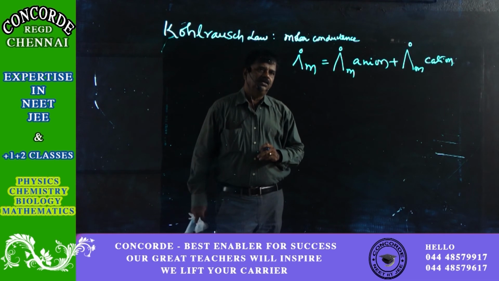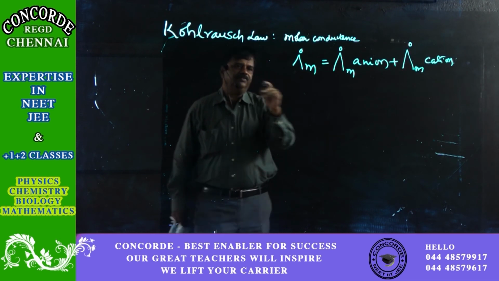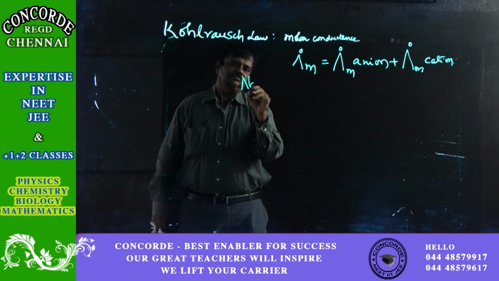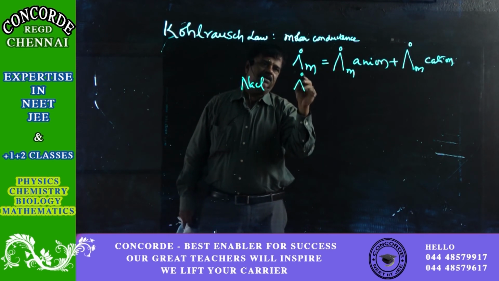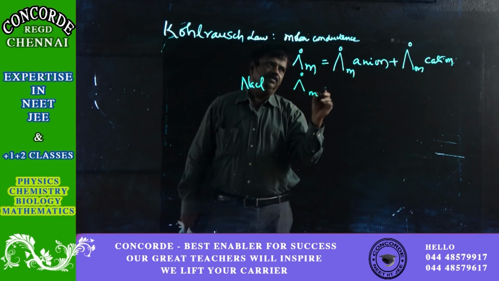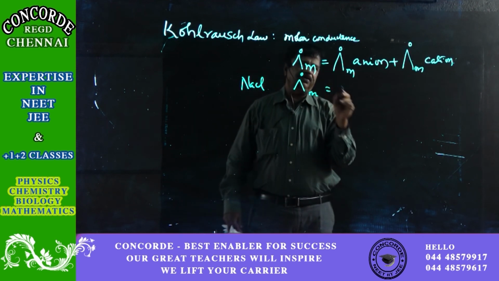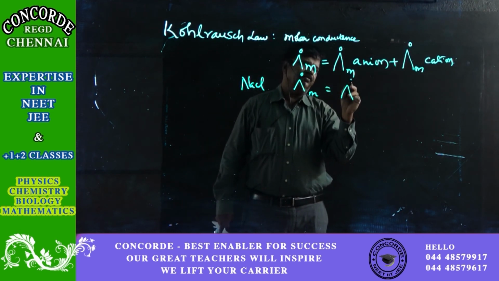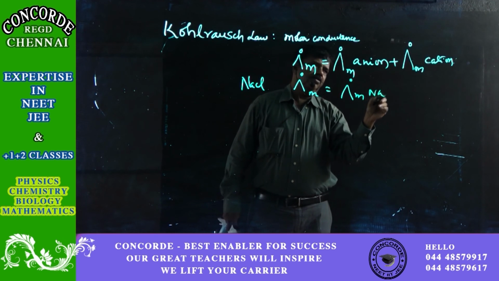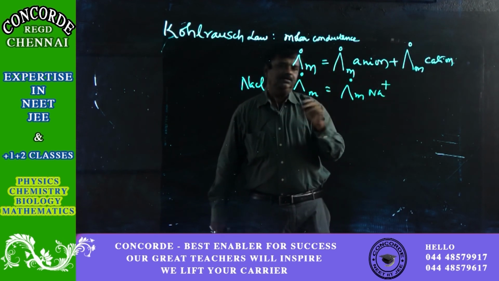Now in case we have a salt like NaCl, this lambda naught m will be made up of one Na plus, one cation and one anion.